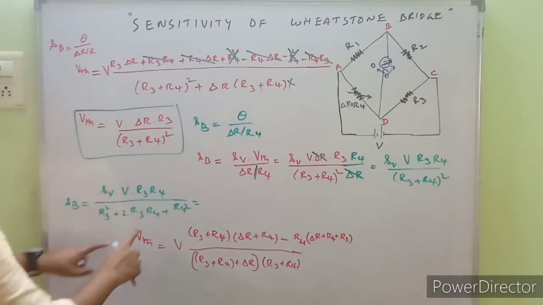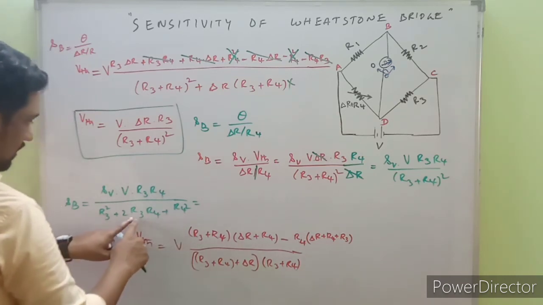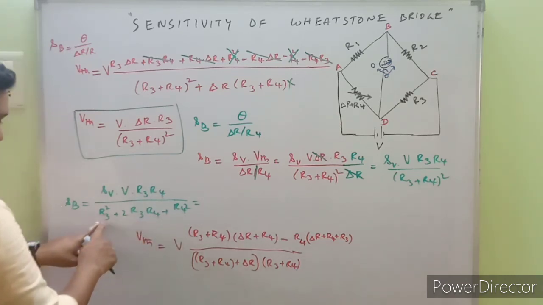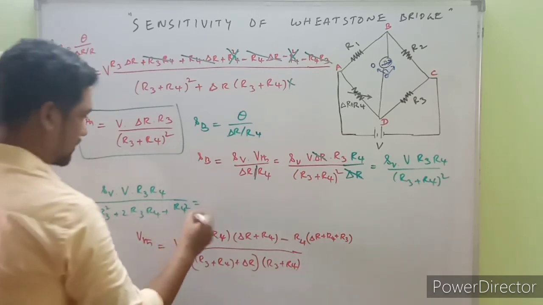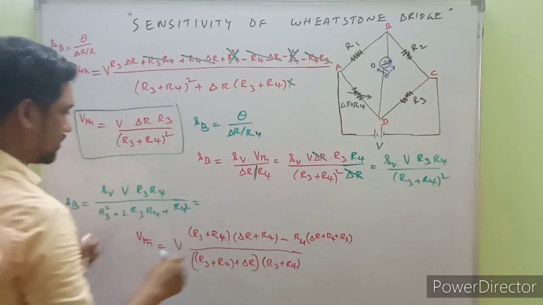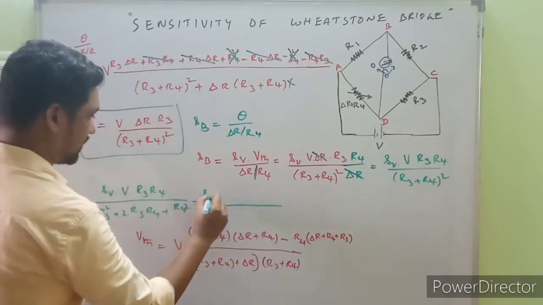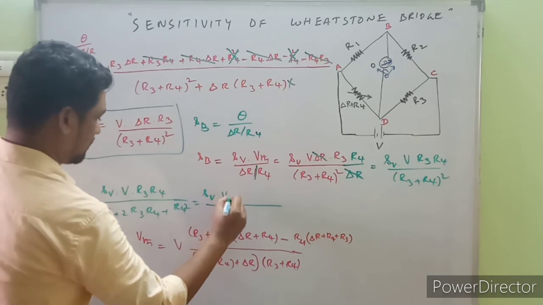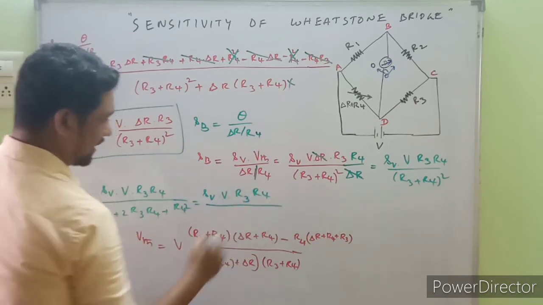Taking out R3 R4 as common from all the terms over here, in the numerator we have SV into V into R3 R4 as it is.